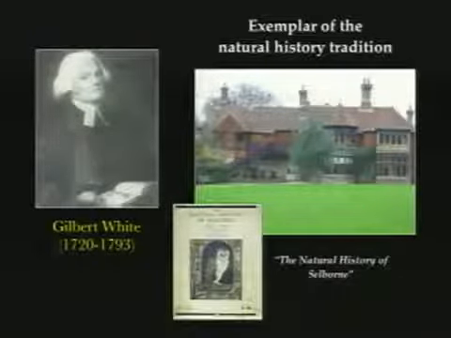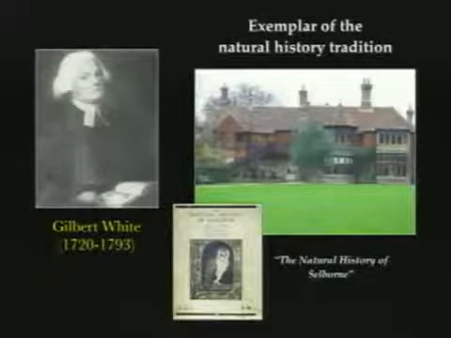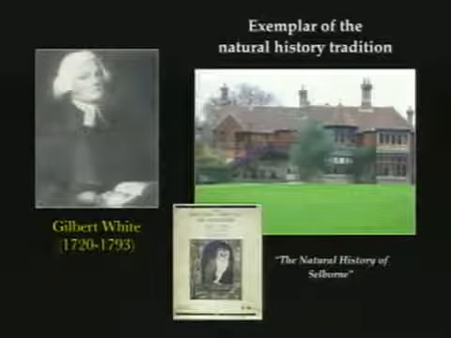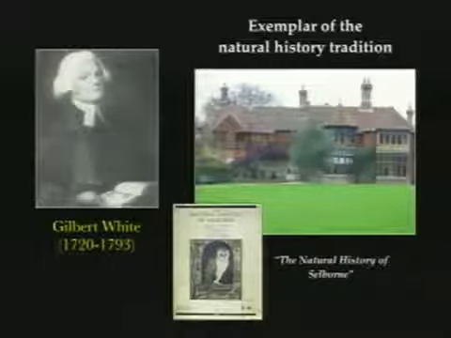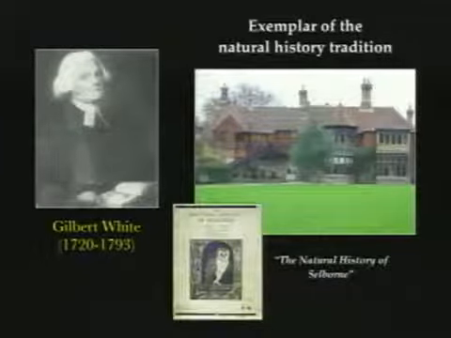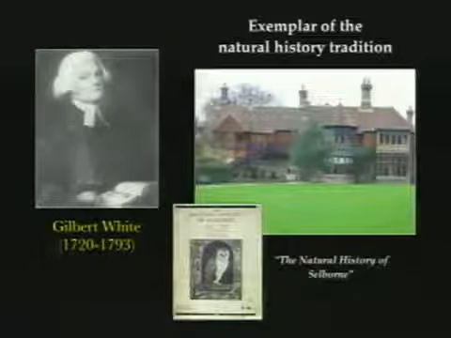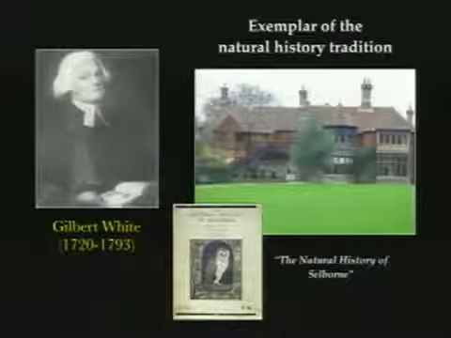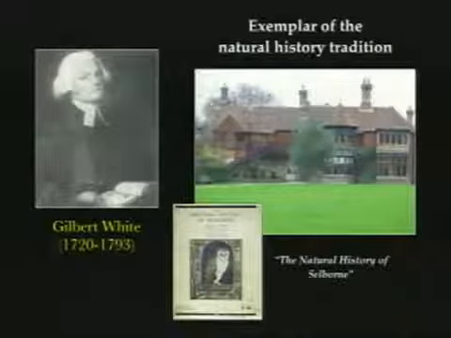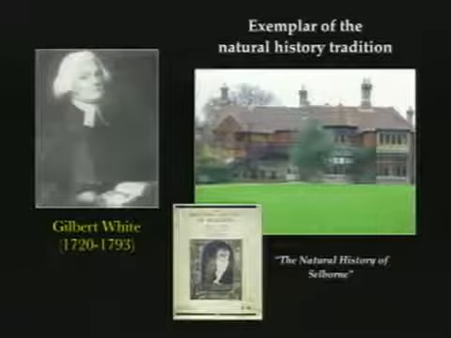He wrote about the natural phenomena of his local area, including, for example, the birds that lived there. Scientists were busy studying specimens that were brought into museums and describing differences. Gilbert White was out on the lawn watching birds and describing their activities.